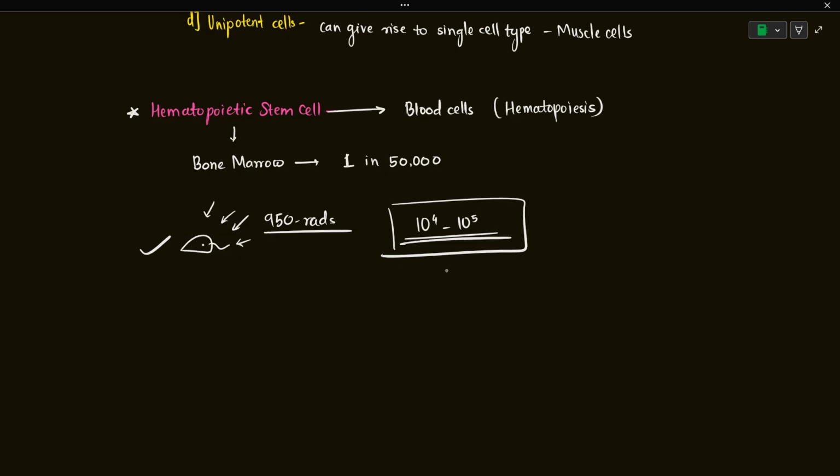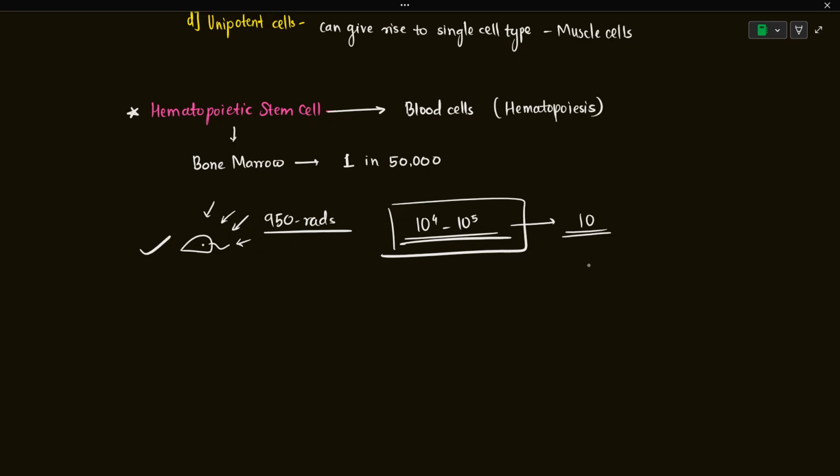In this large pool of bone marrow cells, there exist only a few, fewer than 10 hematopoietic stem cells, and this number is more than sufficient to create the whole pool of blood cells. They can proliferate enormously so that blood cell formation happens again in the individual, saving that individual from a fatal condition.